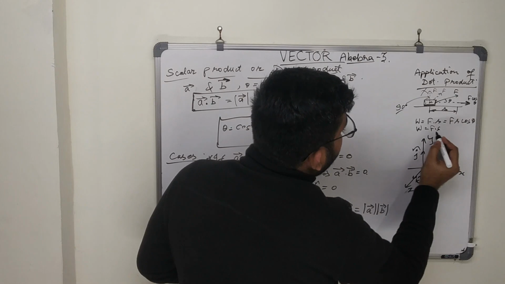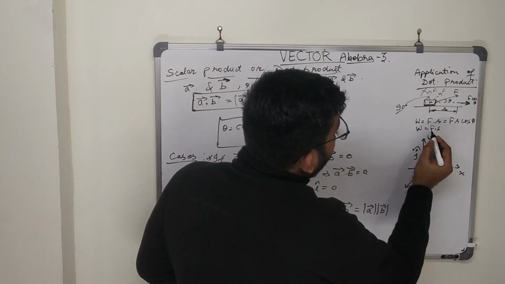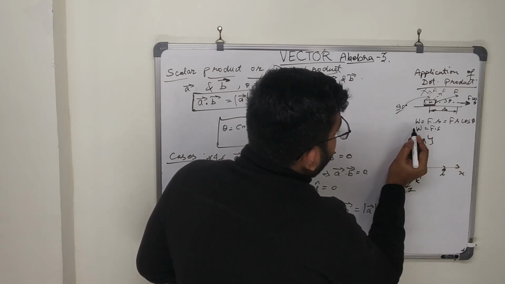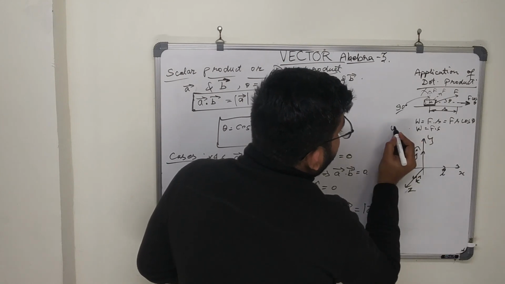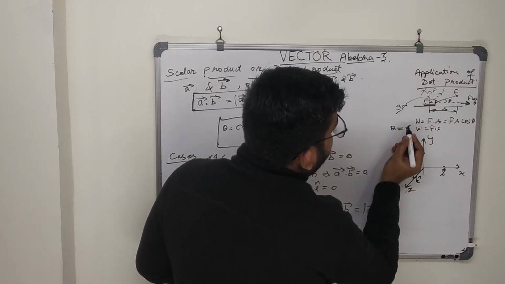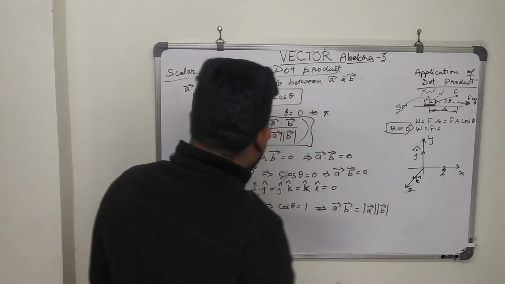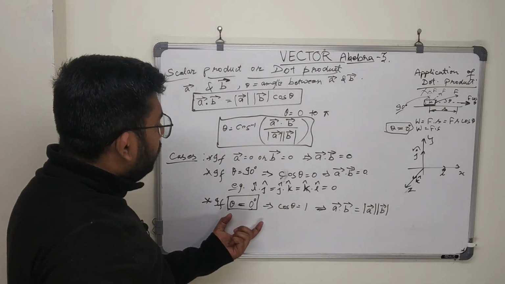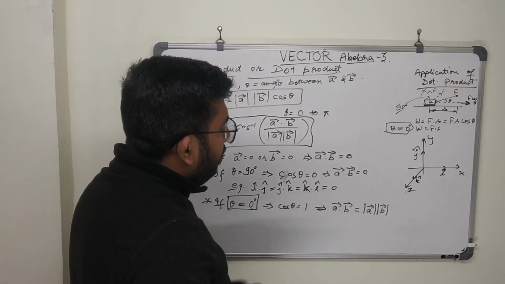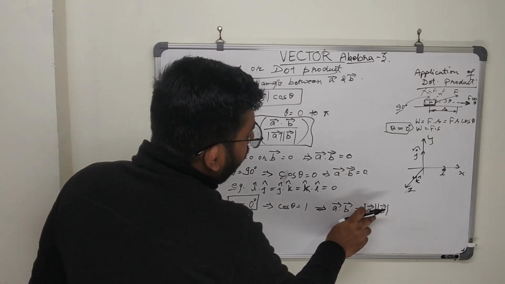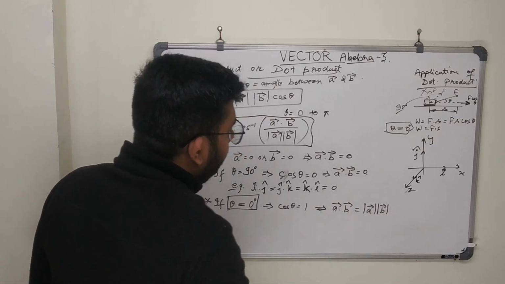So this will be equal to magnitude of force into magnitude of displacement when theta is equal to 0 degree. So in this way we have understood that if theta is equal to 0, A dot B will be equal to magnitude of A into magnitude of B.